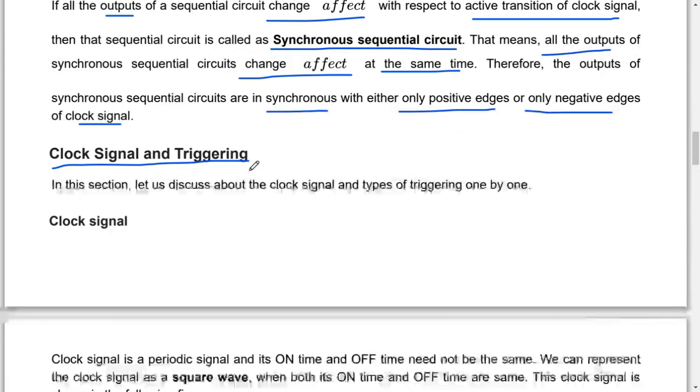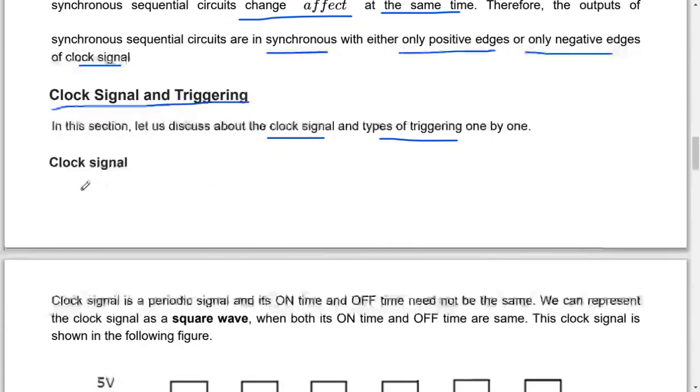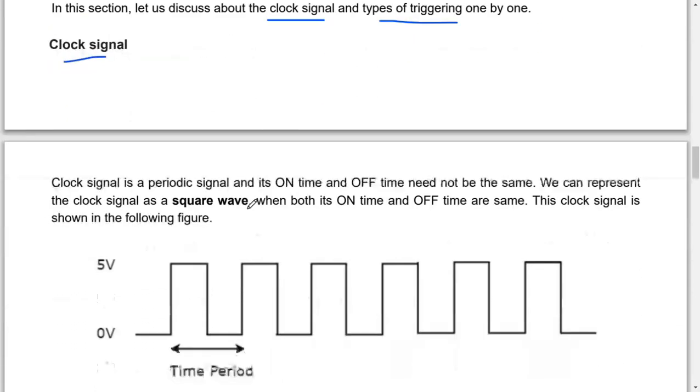Clock signal and triggering. In this section, let us discuss the clock signal and types of triggering one by one. Clock signal. A clock signal is a periodic signal and its on time and off time need not be the same.